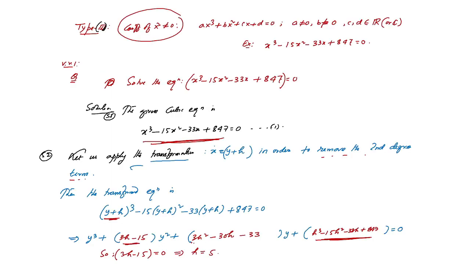That will be 0 for the y square term, minus 108 for the y term, and for the constant, putting h equals 5, it will be 432. So plus 432 equals 0. This exactly looks like type 1, because the coefficient of y square vanishes. This was our target, and that's why we apply the suitable transformation, x equals y plus h.